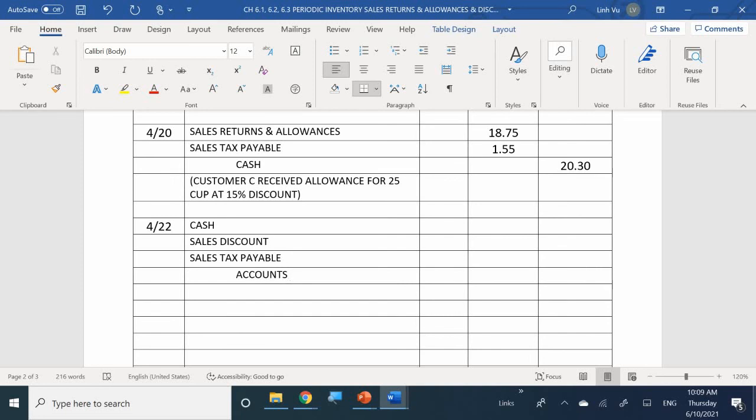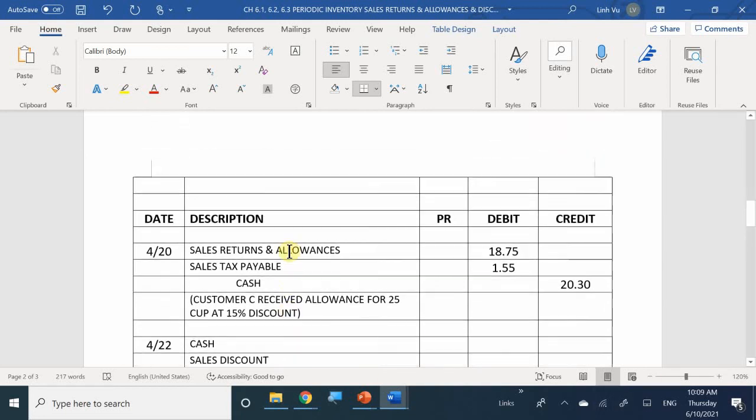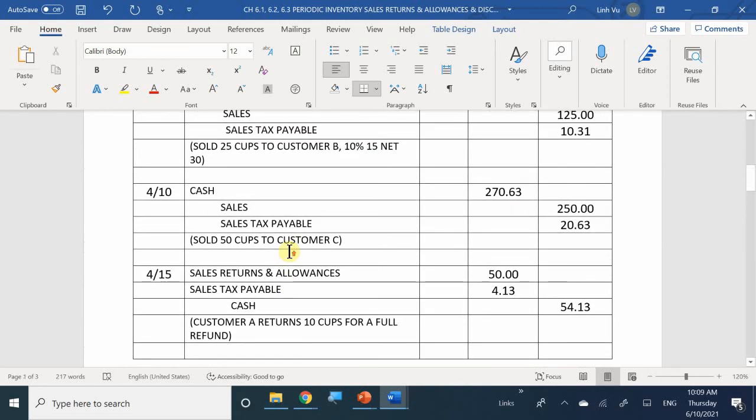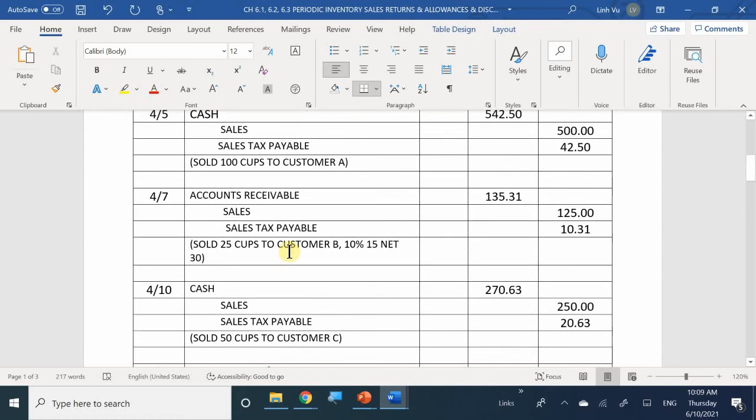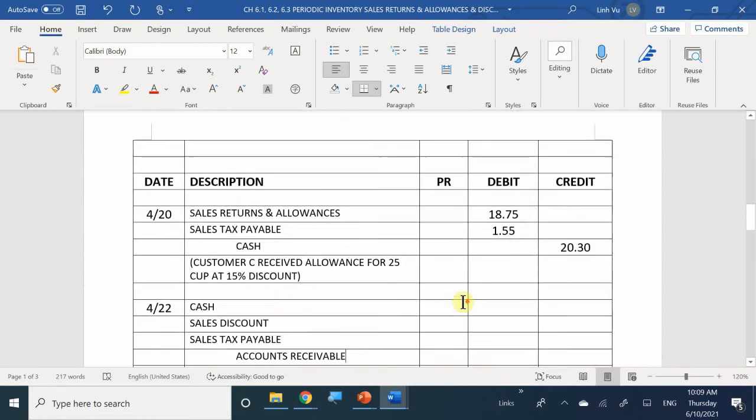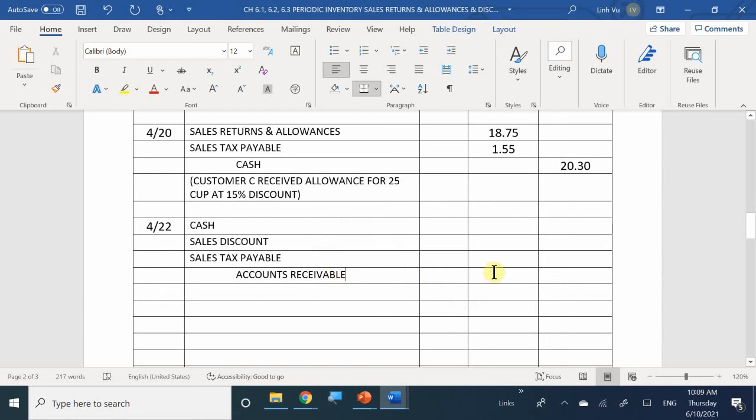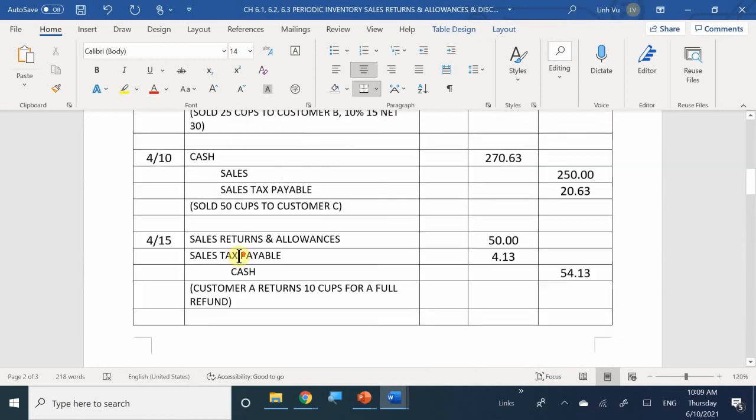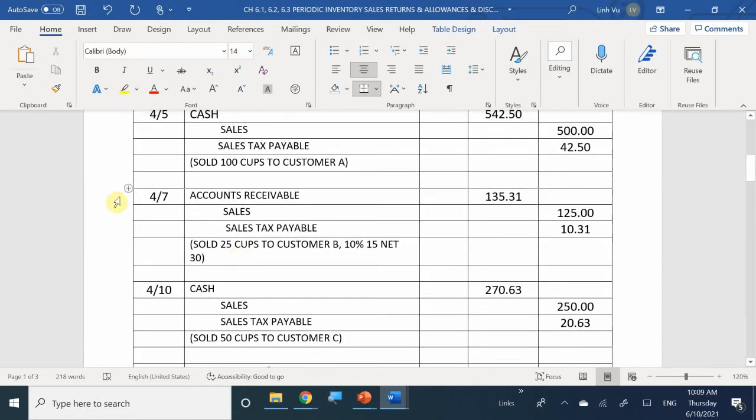customer B owes me. Let's take a look. How much was the amount customer B actually owed me? 135.31. So that's automatic, the customer owes me 135.31. But because they meet terms, they get to take a discount. Let's go up and look at the original sale.